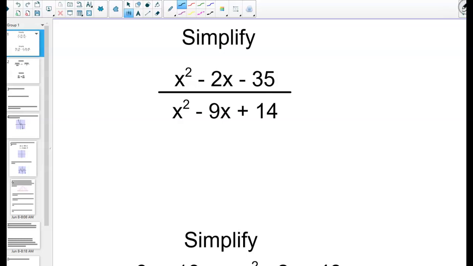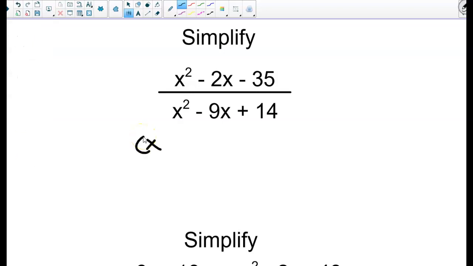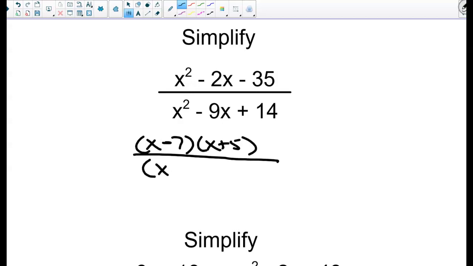Talking about simplifying here, you're simply talking about factoring the top, which is x minus 7, x plus 5, over x minus 7, x minus 2. Okay.